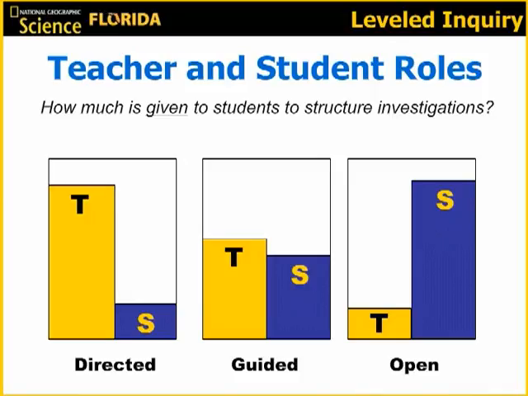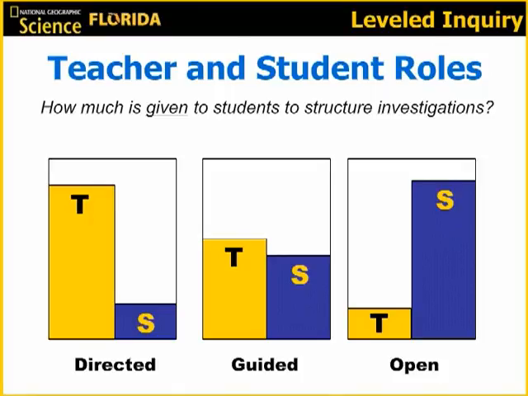As you can see, the levels of inquiry transition responsibility from the teacher to the student, with scaffolding support to help students move toward their own inquiry investigations. Directed inquiry is a more teacher-centered approach, while in guided inquiry, the teacher guides students through the investigation.